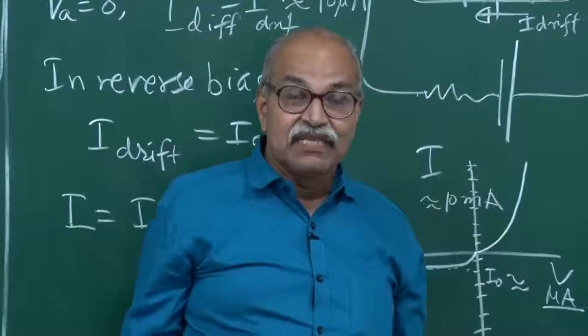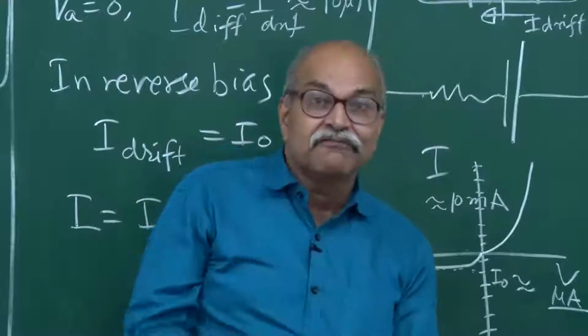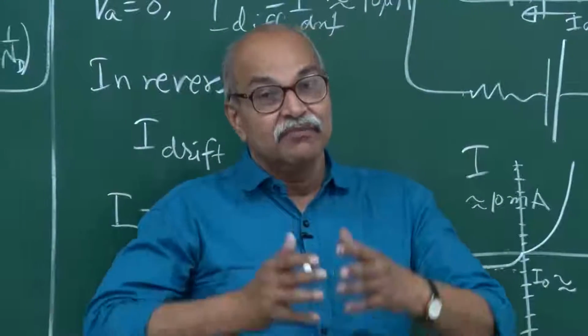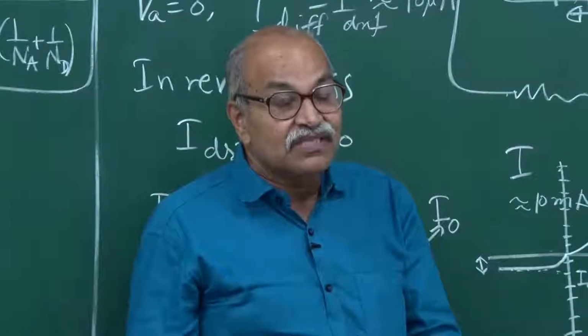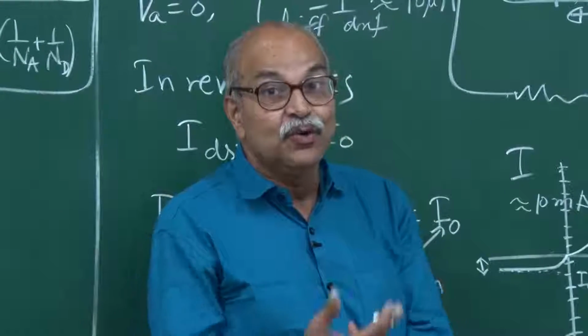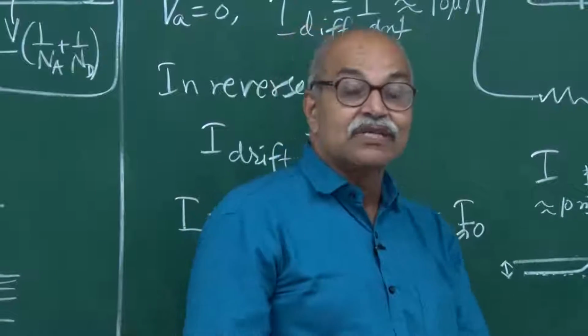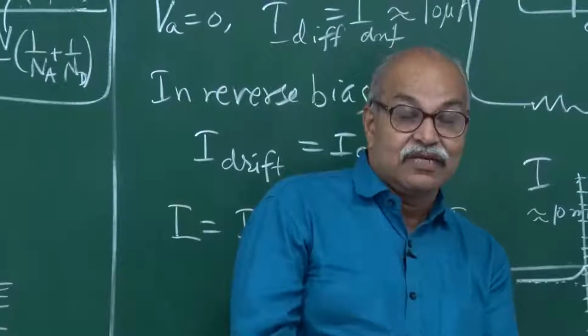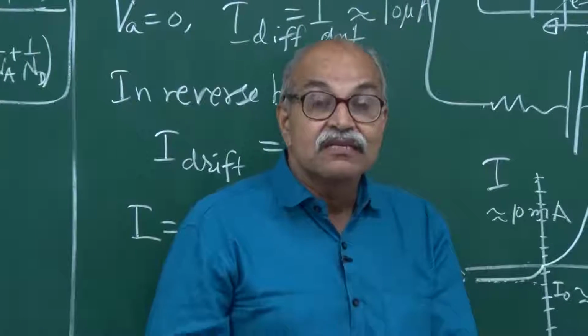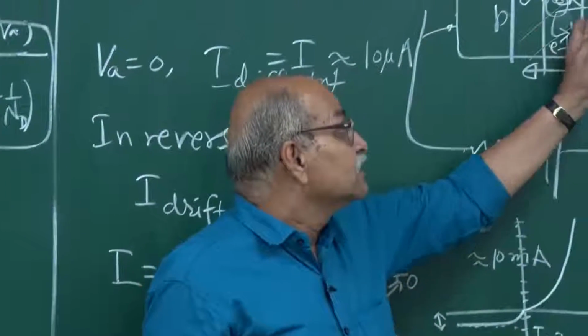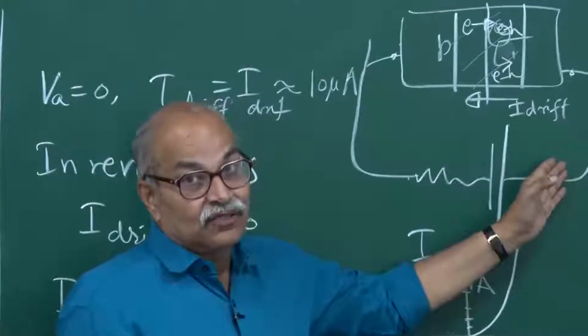If you apply so much electric field and the depletion region becomes so wide that the electrons can create new electron-hole pairs, and those can also create new electron-hole pairs, etc., then you will have a large current in this reverse bias condition also.